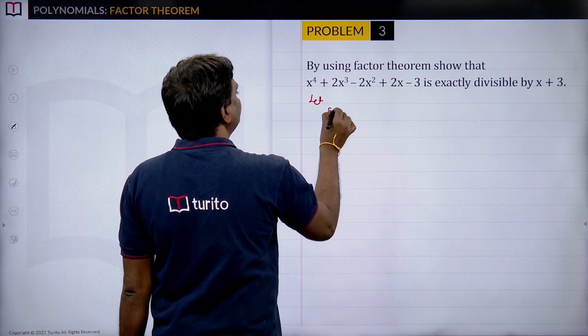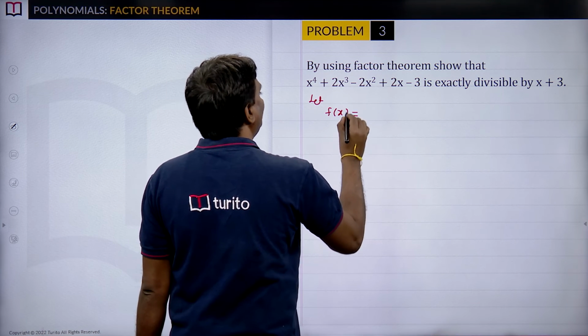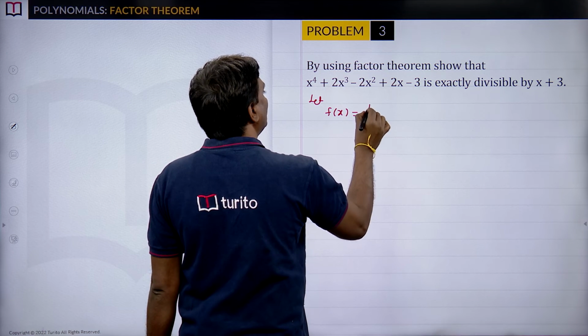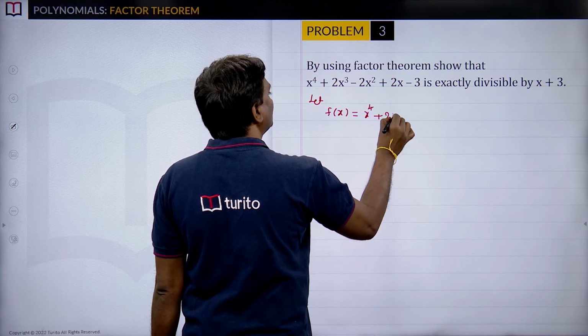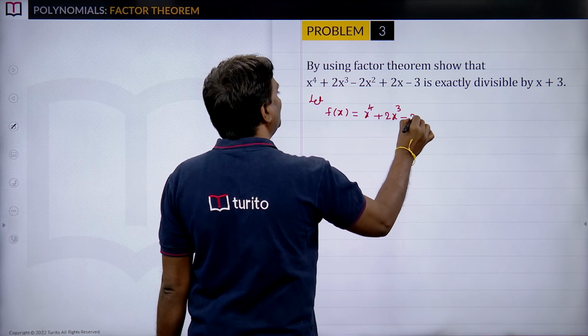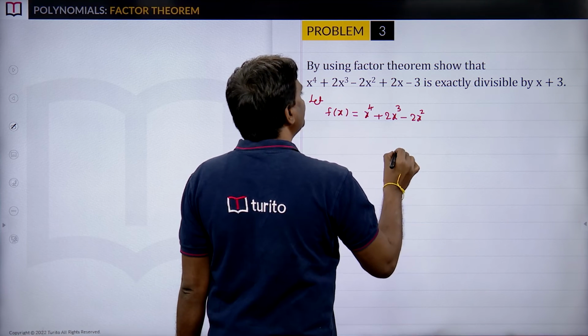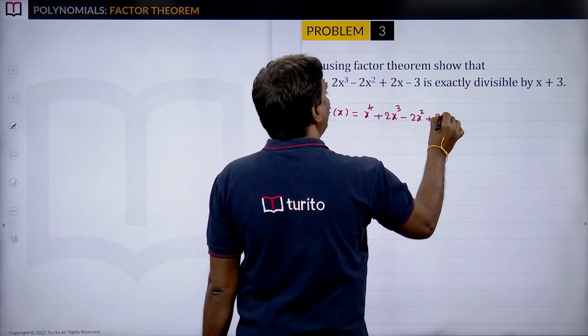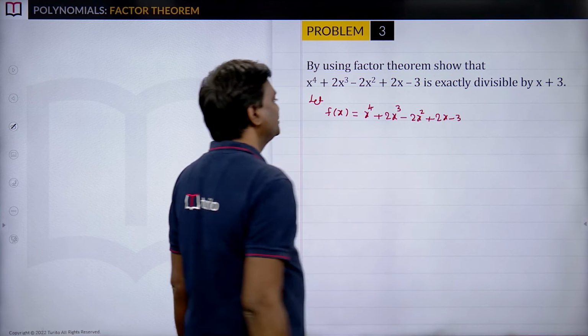By taking f of x equal to x power 4 plus 2x cube minus 2x square plus 2x minus 3.